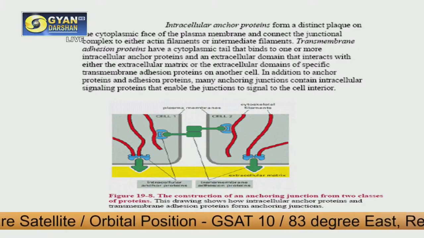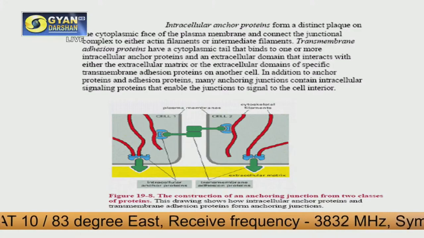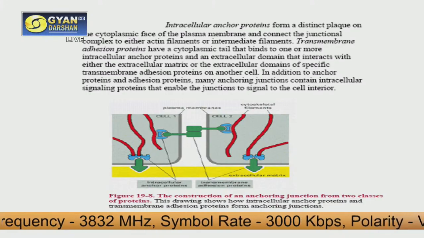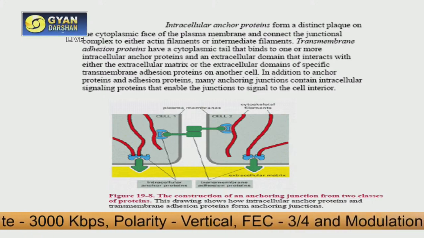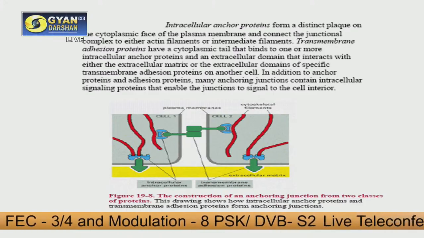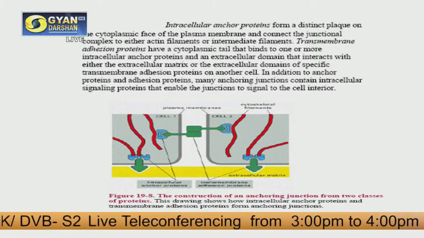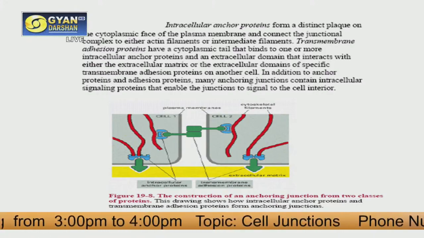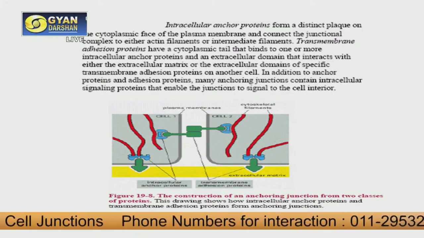Again, the actin filaments are connected with the extracellular matrix which is marked in yellow, again with certain proteins, also marked in blue. So all these proteins present in that blue region are helping in anchorage. They form components of adherens junctions or anchoring junctions.